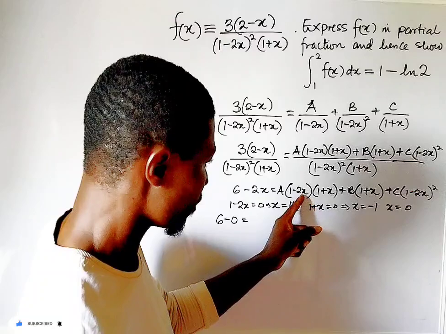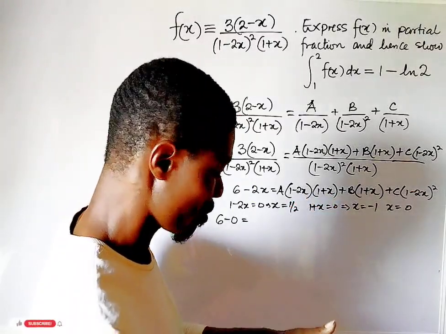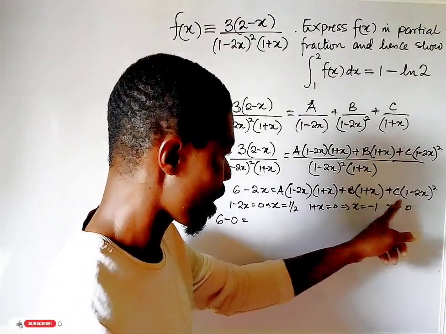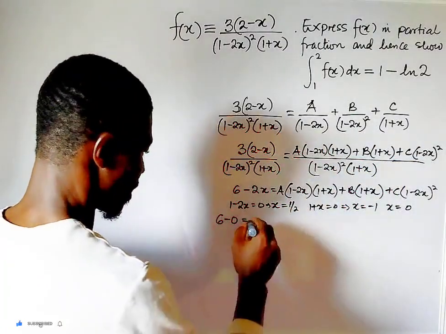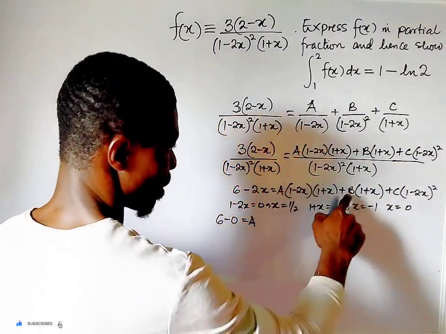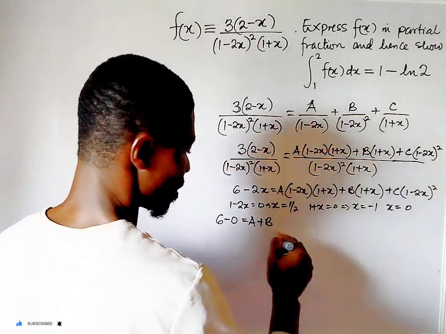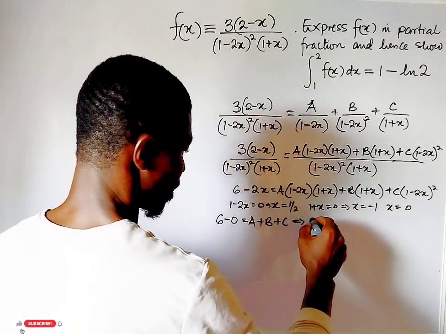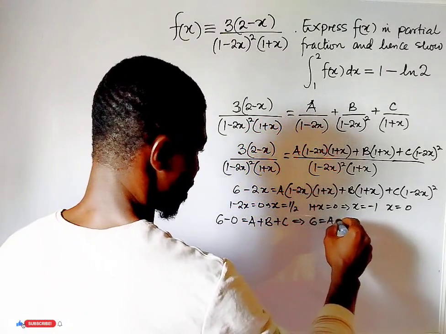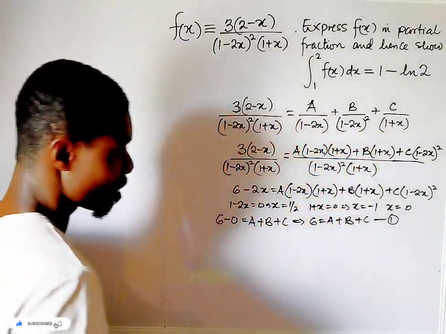If you plug in 0 here, x is 0, x is 0, and x is 0. So we are left with a and 1, that will give us a. Now b and 1 will give us plus b, and c times 1 will give us c. So this will give us 6 equals a plus b plus c, which is equation 1.